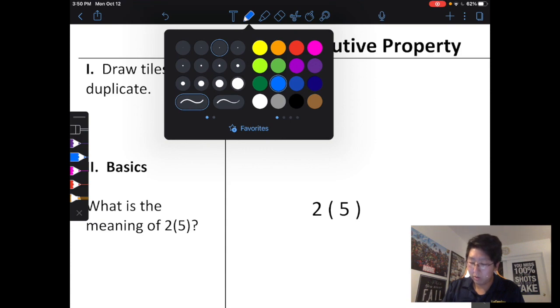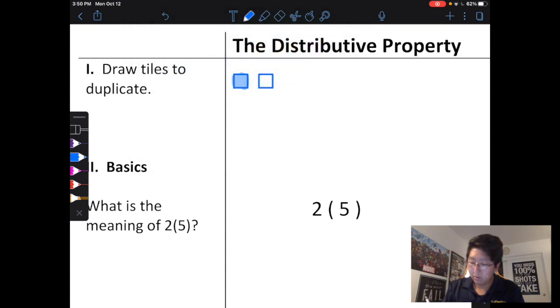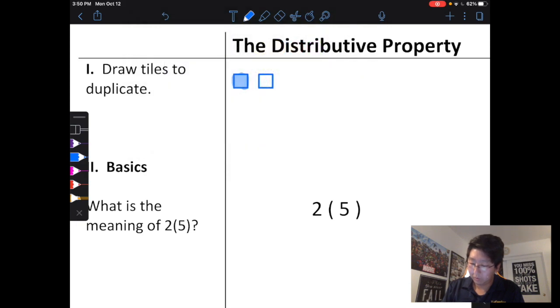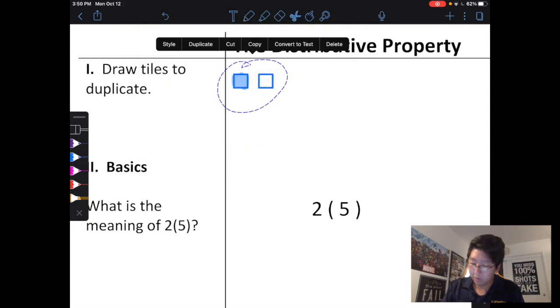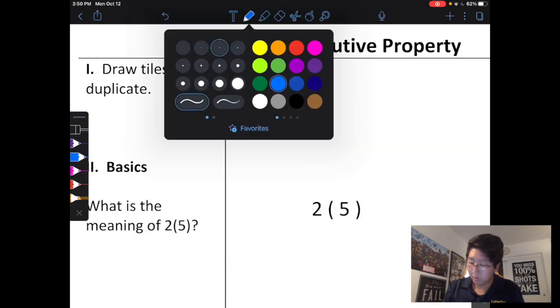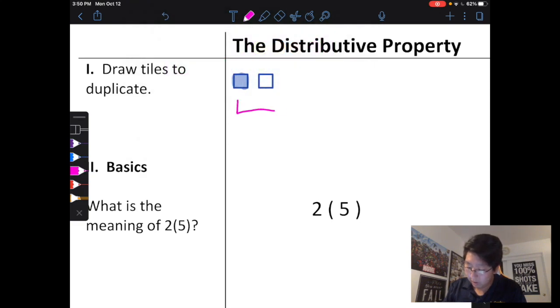I'm going to go ahead and draw an X tile. I forget what color they were, honestly. Actually, all of this should be dark blue. Whatever, it doesn't really matter. I'm going to draw an X tile.